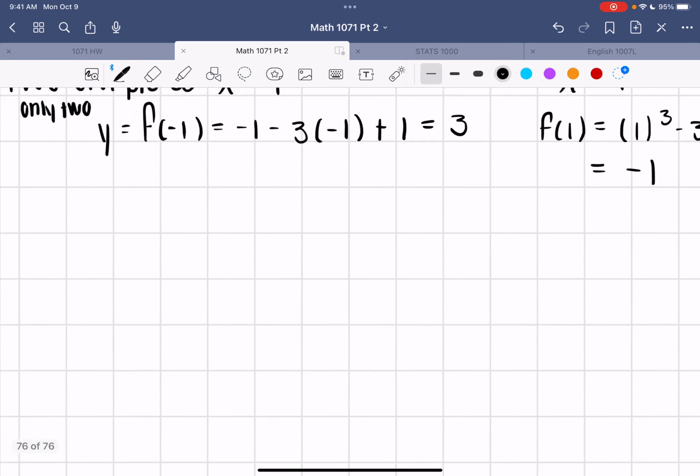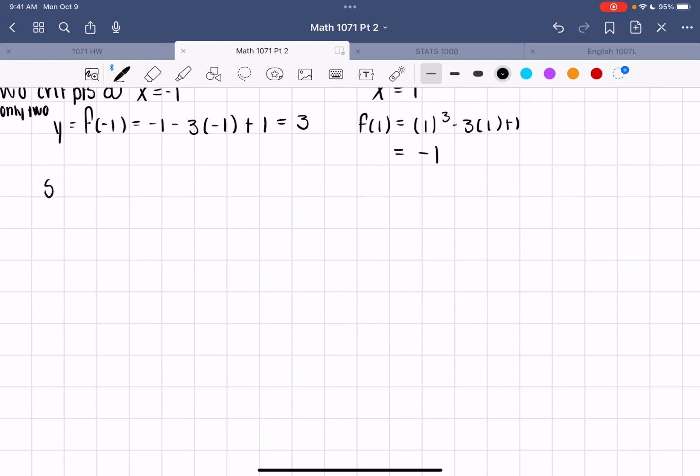So I have 3 intervals. So left of negative 1, between negative 1 and 1, to the right of 1.